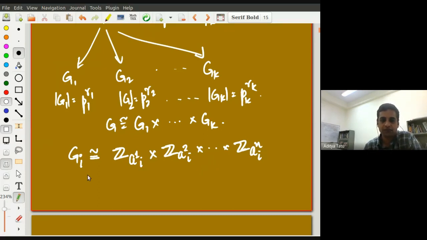So this is sort of the final result. Each of these finite abelian groups, which has an order equal to some prime to the power some integer, will be shown to be isomorphic to a product of cyclic groups. And since the original finite abelian group is isomorphic to the Cartesian product of G1 to Gk, eventually it means that G is isomorphic to something like this.